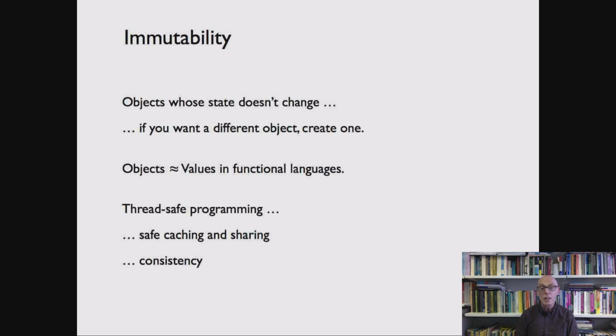And we never get into a situation where we have an inconsistency between what we see in one thread and what we see in another. So immutability buys an awful lot of safety in an OO or an imperative language. So immutability is a good thing in itself, and we see that by design we have immutability in a functional language.